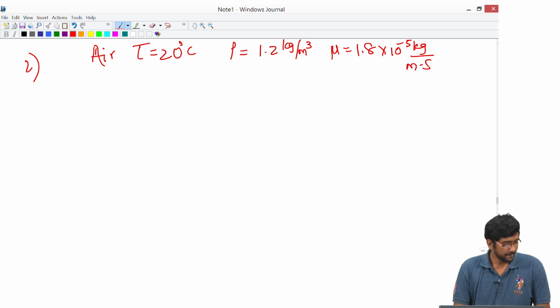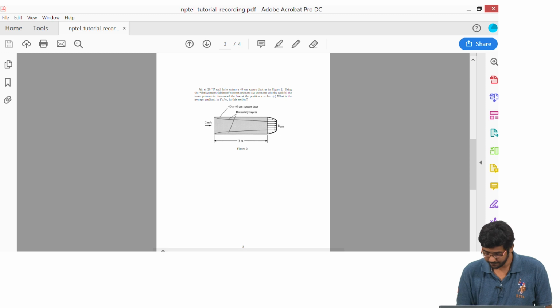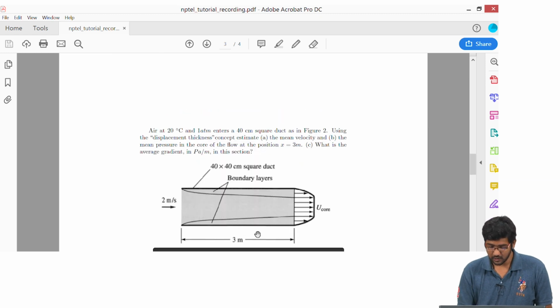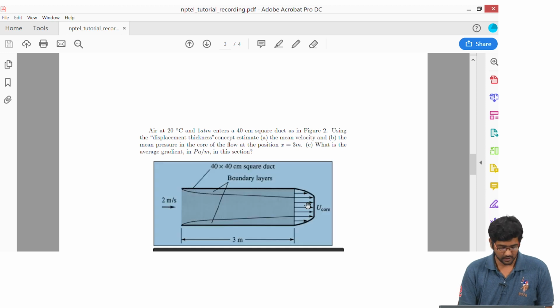Now, we were asked to calculate the velocity at the exit. If we look at the question, we are asked to calculate the mean velocity, which means the velocity at the exit.